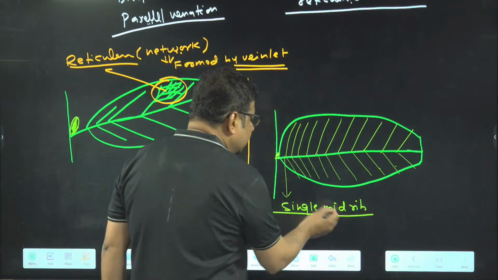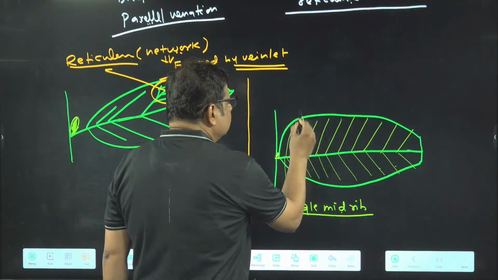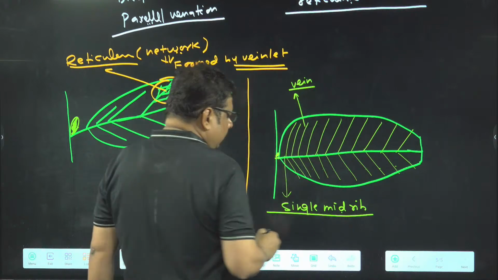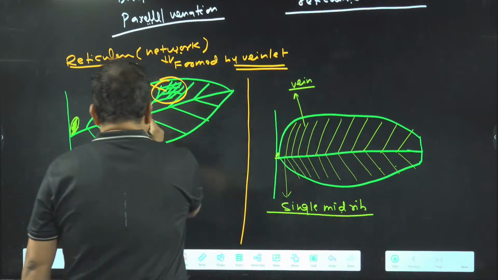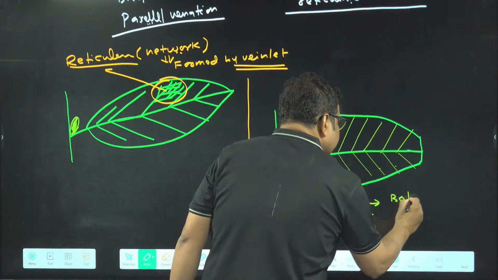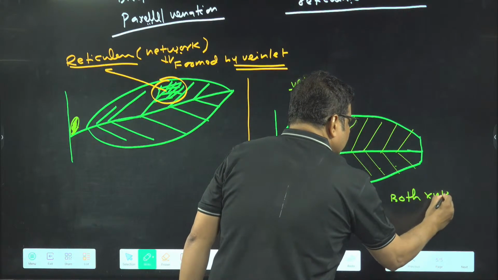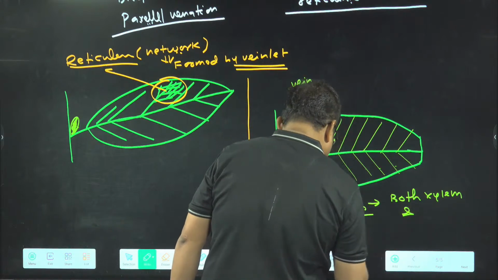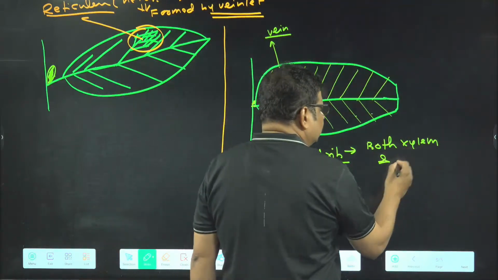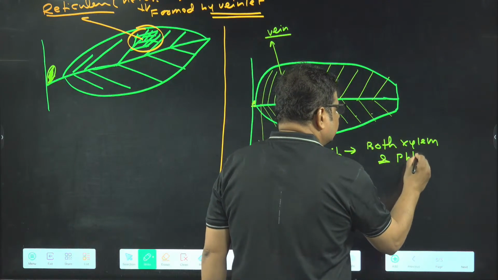So here it is a single midrib, and here are the veins. In this midrib, of either dicot or monocot, both xylem and phloem are present. Not in monocot only, in dicot as well, both xylem and phloem are present.